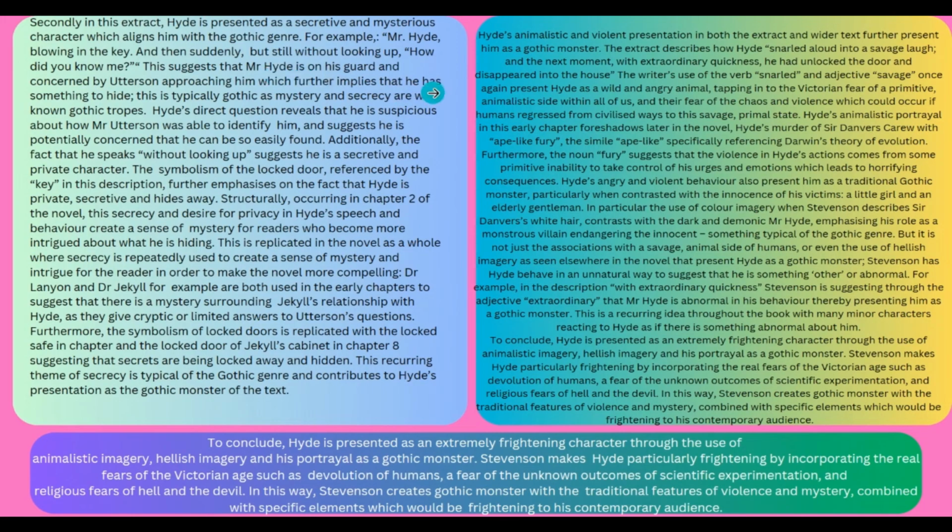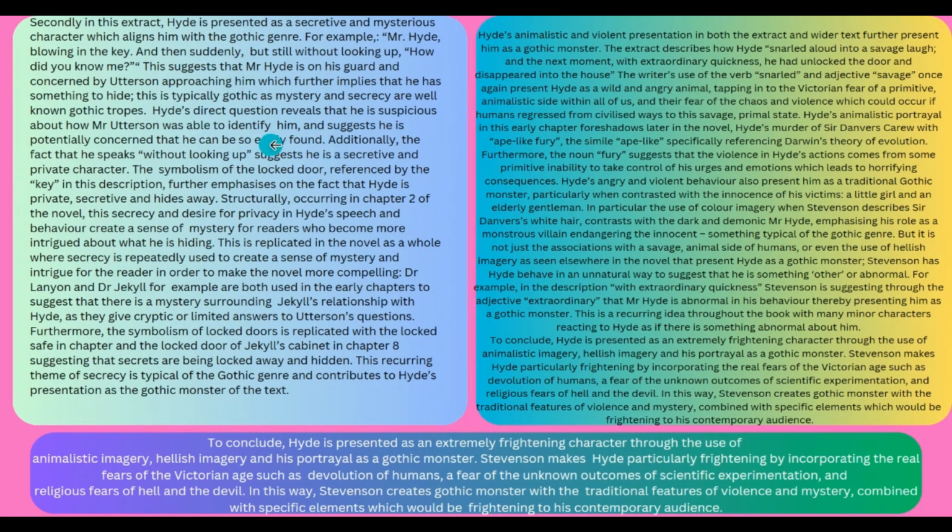This suggests that Mr. Hyde is on his guard and concerned by Utterson approaching him, which furthermore implies that he has something to hide. This is typically Gothic, as mystery and secrecy are well known Gothic tropes. Hyde's direct question reveals that he is suspicious about how Mr. Utterson was able to identify him, and suggests he is potentially concerned that he can be so easily found.